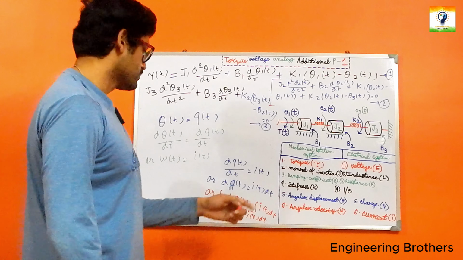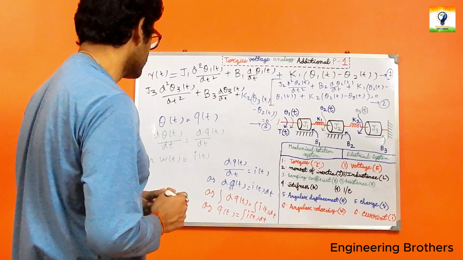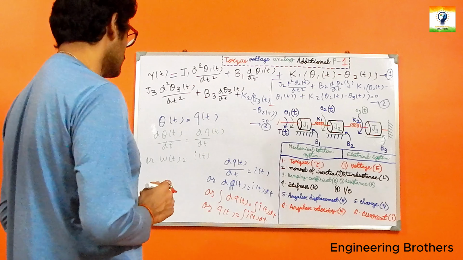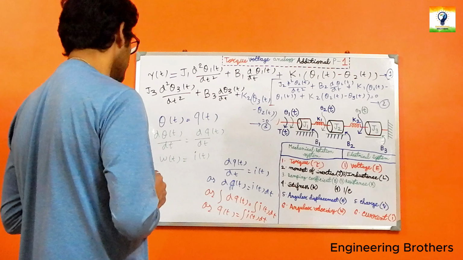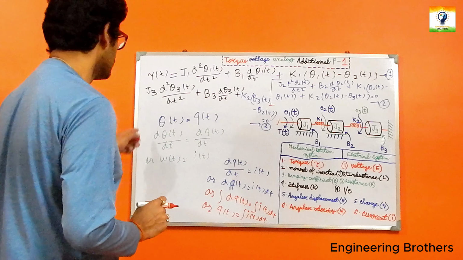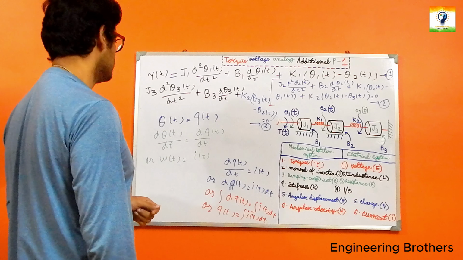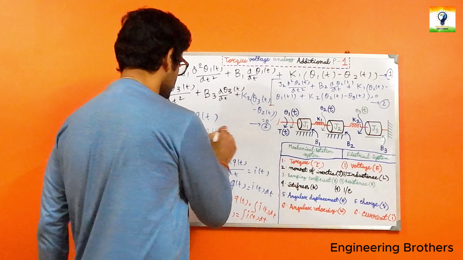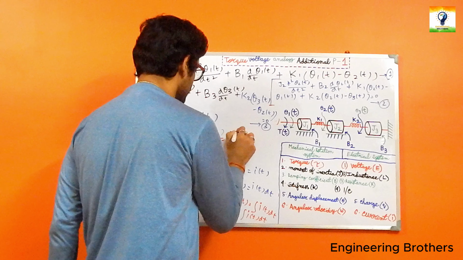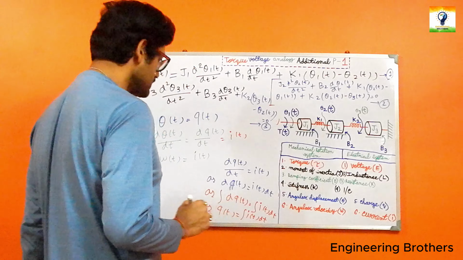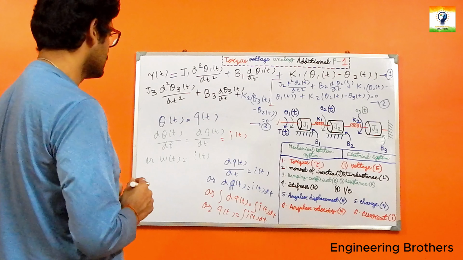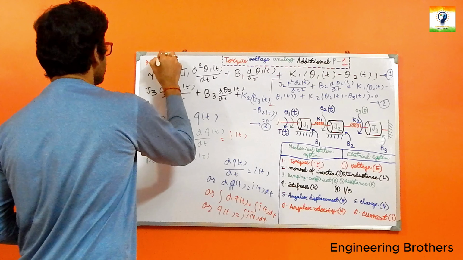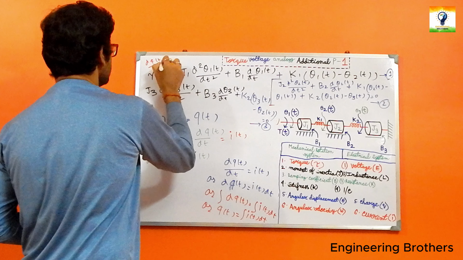Okay. So this one is very important for our consideration, and we do require to remember these two relations. So the first relation will be our d theta t by dt, which is the dqt by dt, which is ultimately our it.